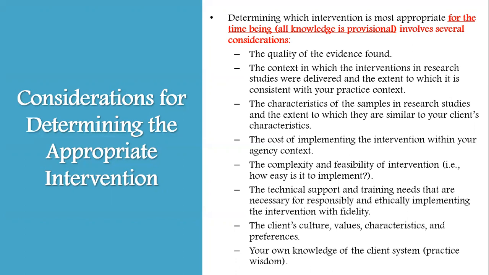And this part is critically important, that we do have a responsibility and an ethical obligation to ensure that we have the skill necessary, that we are competent, right? So this is a part of our core values, that we must exercise competency in our delivery of services. And so we want to make sure that when we're delivering an intervention, we're doing so in such a way that is responsible and ethical, and that we're able to reasonably implement the intervention with fidelity.